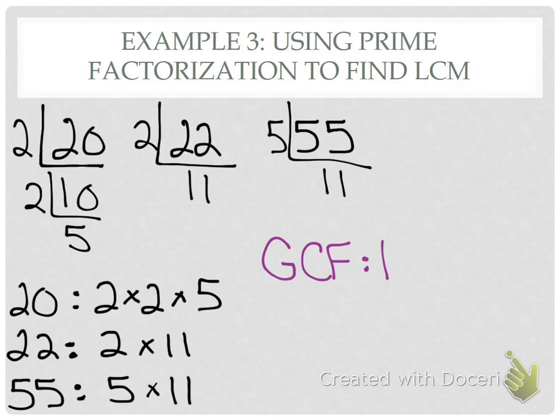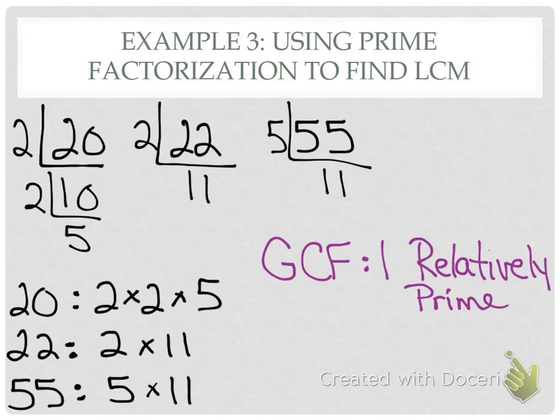So when my GCF is 1, what do I call the numbers? Relatively prime. But with my LCM, and get this, guys, because you're going to see this on your homework tonight, it does not have to be a common factor in all 3 numbers. It only has to be a common factor in 2 of the numbers. So do you see some groups that you could circle now?